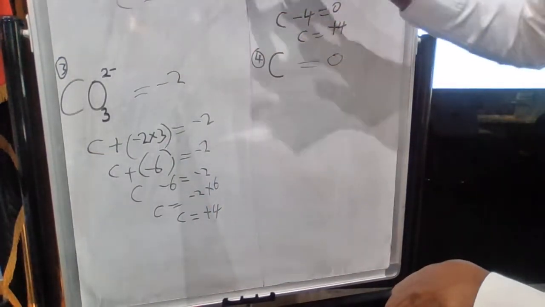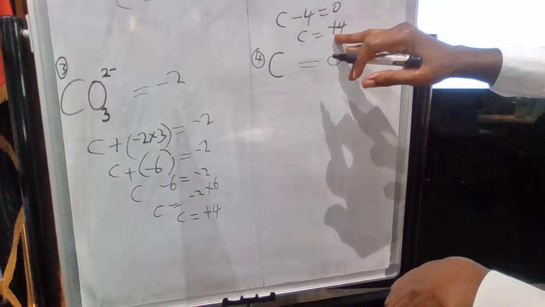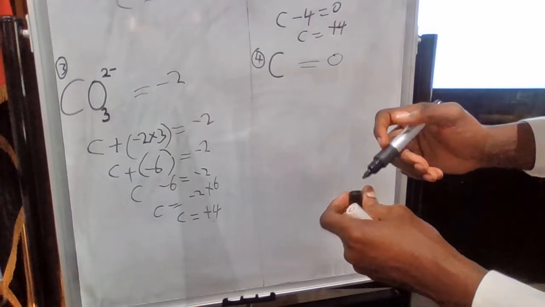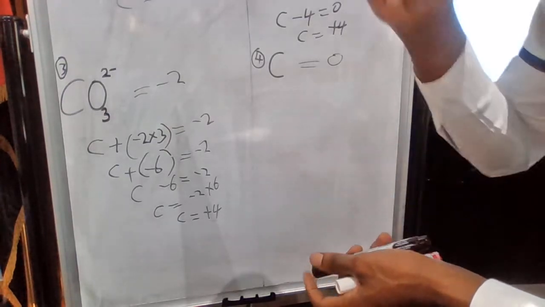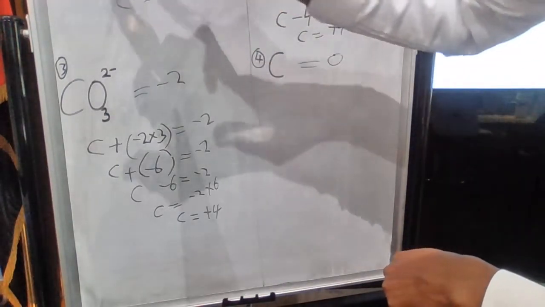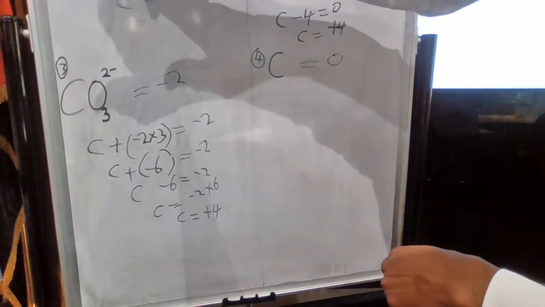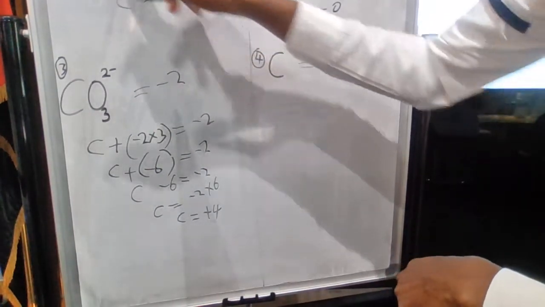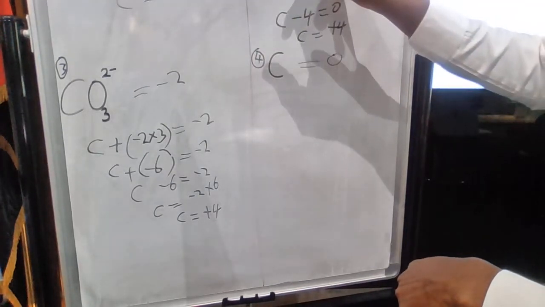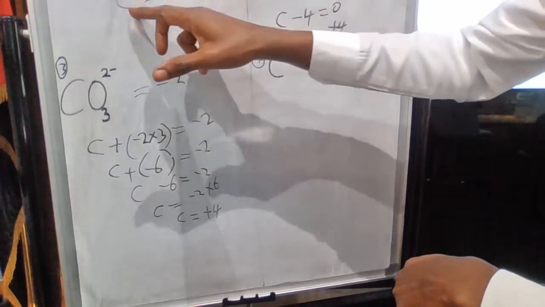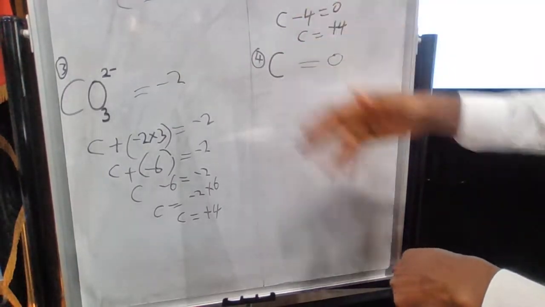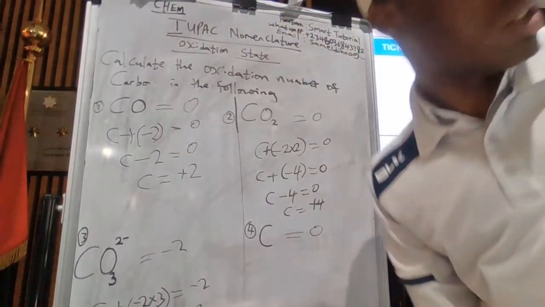The oxidation number of carbon here is +4. The oxidation number of carbon here is 0. But to answer my student's question now, the oxidation number of carbon here is what they use in the IUPAC naming system to name CO and CO2. So that is why it is carbon 2 oxide, carbon 4 oxide. I'm just trying to make the video also explain oxidation states.